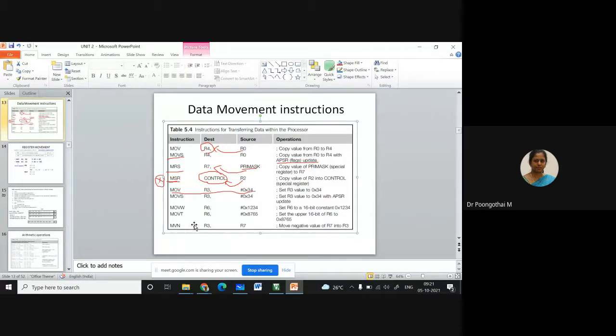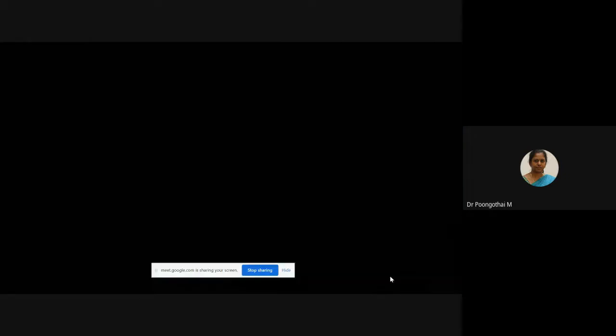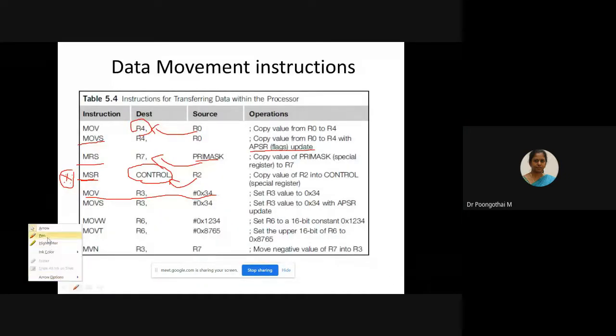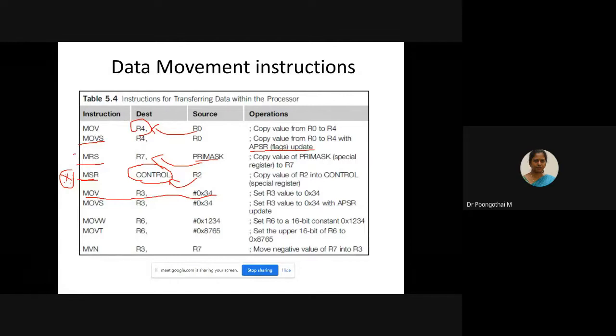Okay. Is it clear, students? So these are the instructions for transferring data within a core processor register. The important thing is that to program your special function register, you should use these two instructions. The remaining instructions are very similar to your 8051 microcontroller.